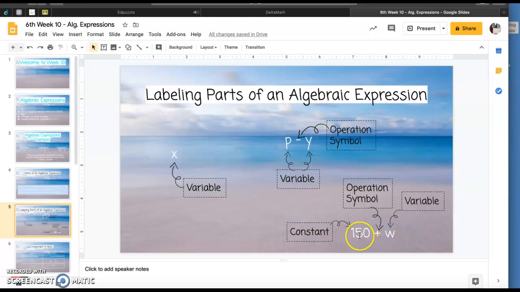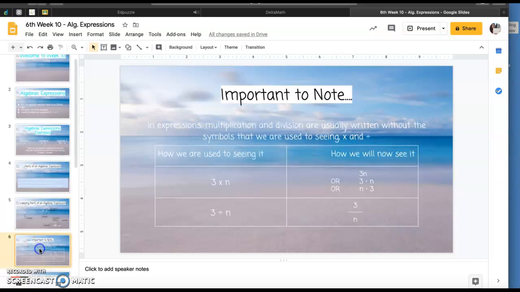We have a constant because 150 doesn't change, plus, which is the operation symbol, and w, which is the variable. These are parts of an algebraic expression. We're actually going to learn a little more about coefficients next year. That's also part of an algebraic expression, and they also talk about it in the Edpuzzle a little bit. So just keep that in mind. Nothing that you need to remember, but just know that there's another part to an algebraic expression.